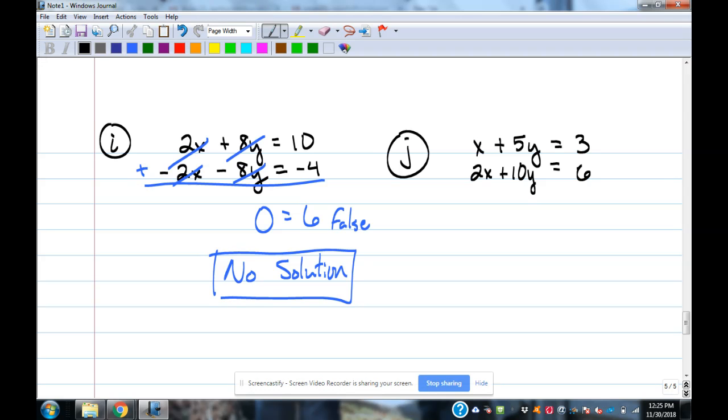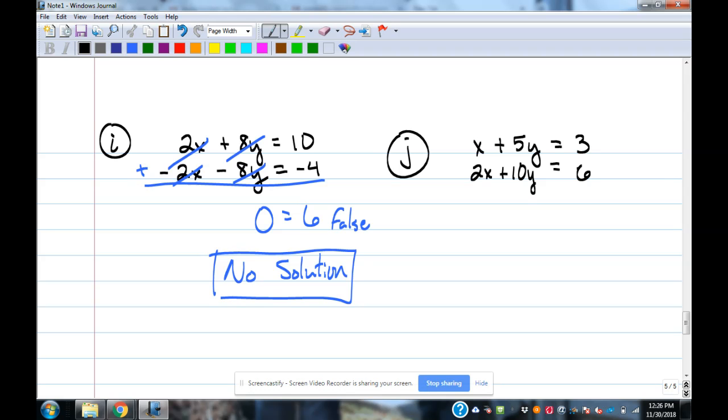x plus 5y is equal to 3, and then 2x plus 10y is equal to 6. Do we have opposites? No. Can we get opposites for one of our variables? Yeah. Which one? x would be easy. What do I need to multiply by to make that an opposite?